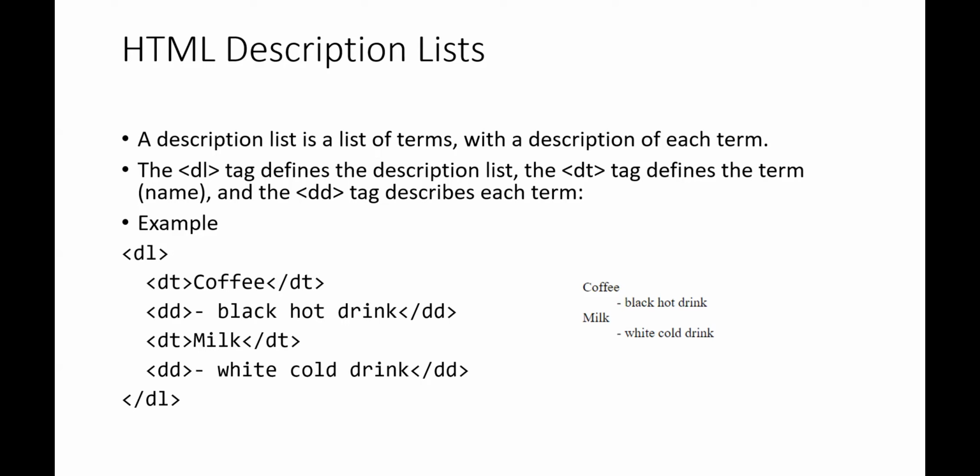Pre-formatted text, like, let's say, programming code, or you can have a poem, so we can have pre-formatted text. You can have figures and figure captions. So these are different ways of using this.